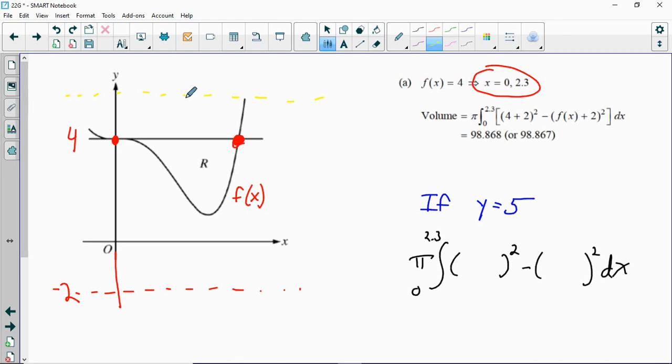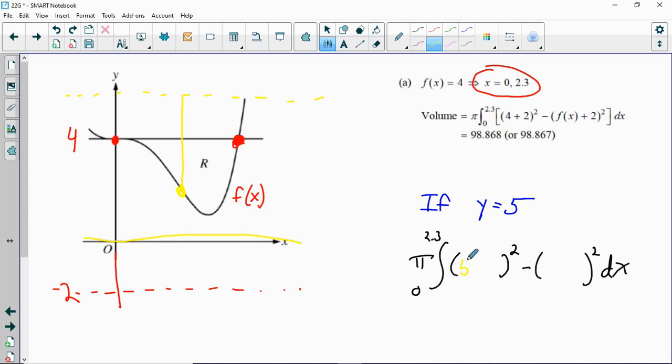The outer function is going to be the distance from that horizontal line to this curve f of x. What is that distance now? Well, the distance from the x-axis to the line y equals 5 is 5, obviously. But then we are subtracting away this distance, and this distance literally is f of x.